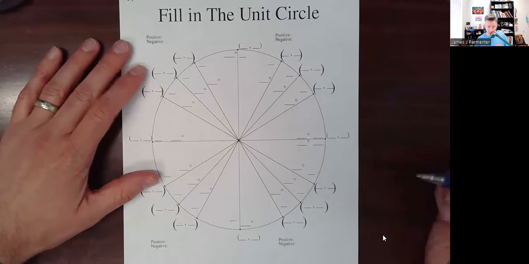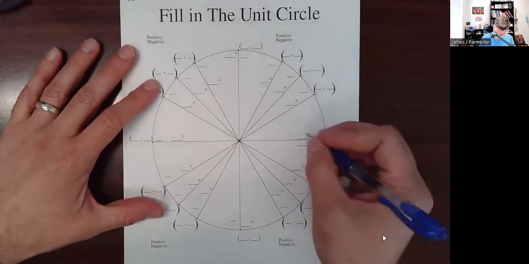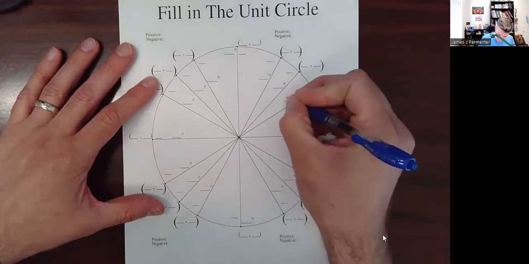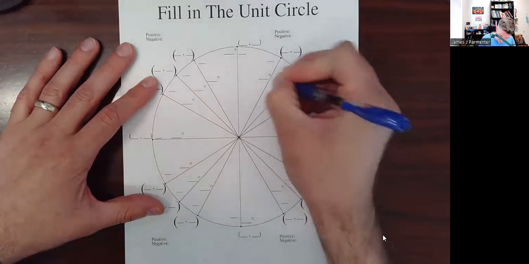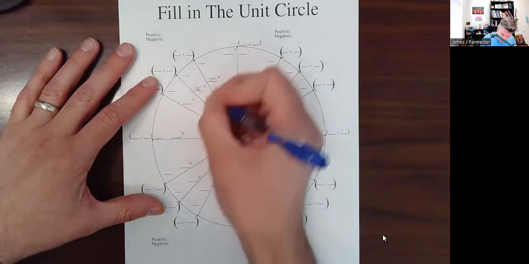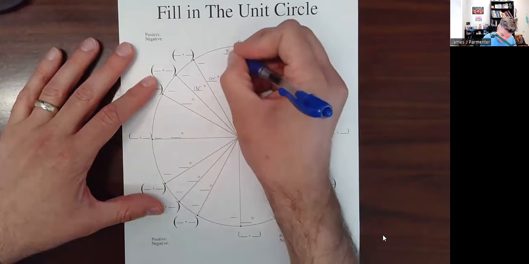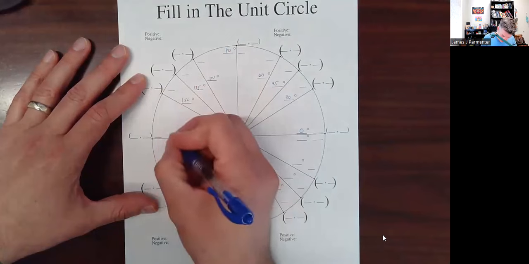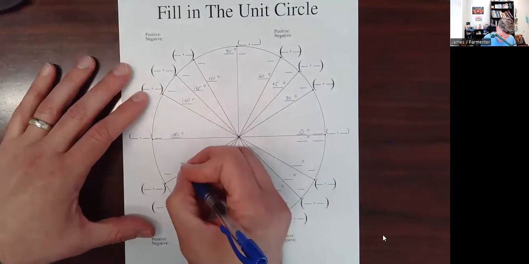So you can see this. I know that these angles are 0 degrees, 30 degrees, 45 degrees, 60 degrees, 90 up here, 120, 135, 150, 180, 210.